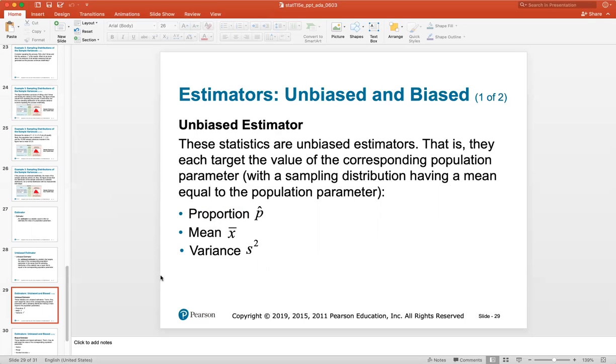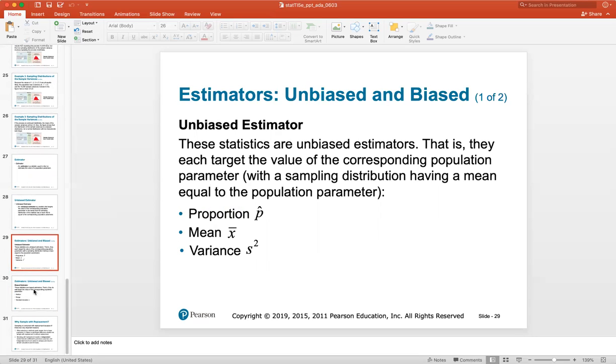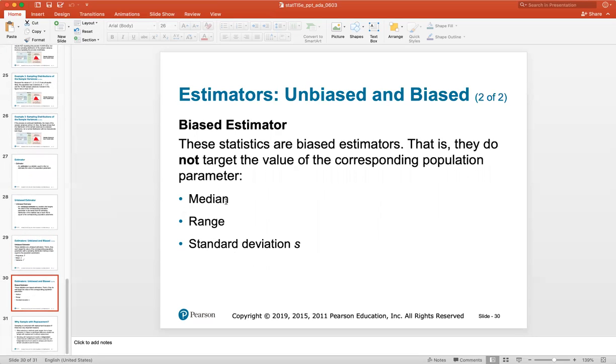So keep in mind, there are three unbiased estimators. And what's a biased estimator? Median, range, and standard deviation. They do not target the value of the corresponding population parameters. Sample median, sample range, and sample standard deviation don't target the value of the corresponding population parameters.